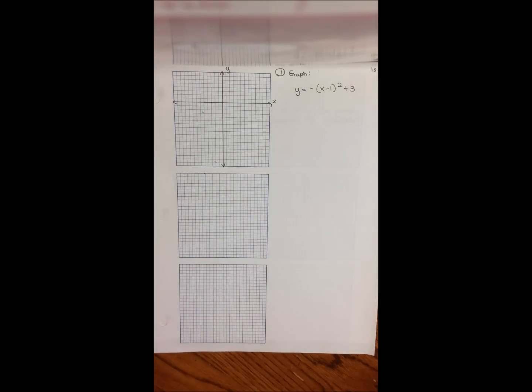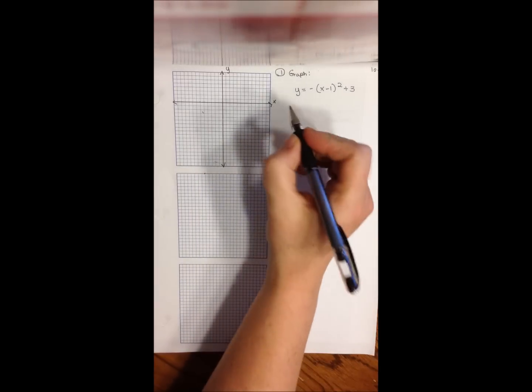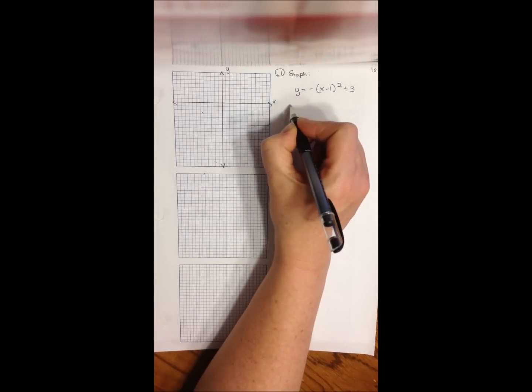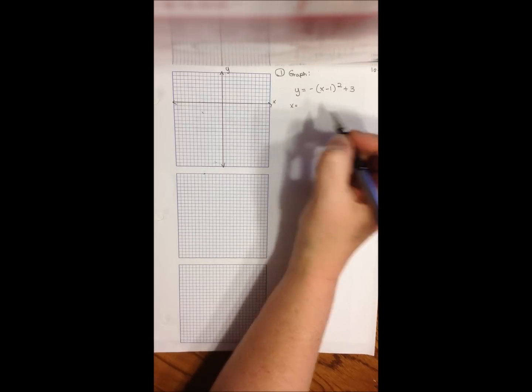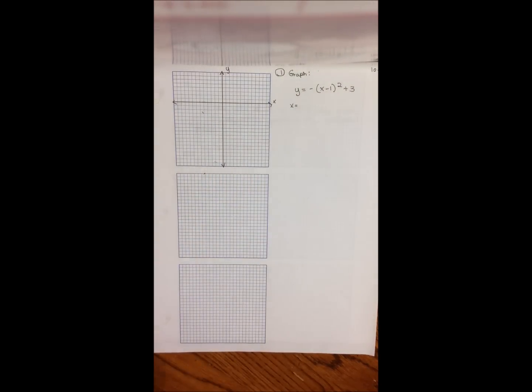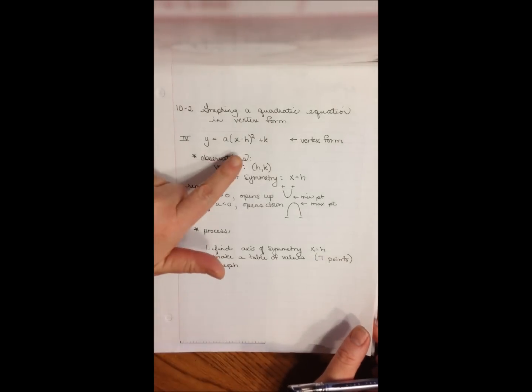Here we go. Our first example. Graph the quadratic equation y equals minus the quantity x minus 1 squared plus 3. So our first part of the problem is to find the axis of symmetry. X equals h. If we look back at our formula, everything is in the proper form.